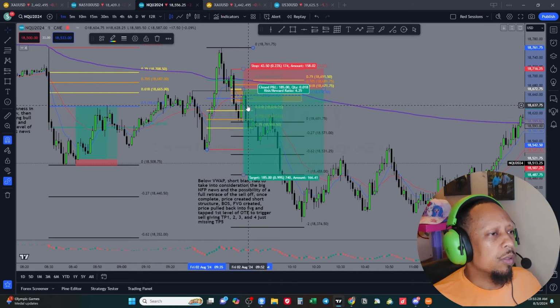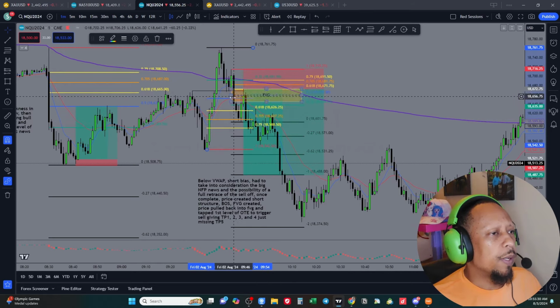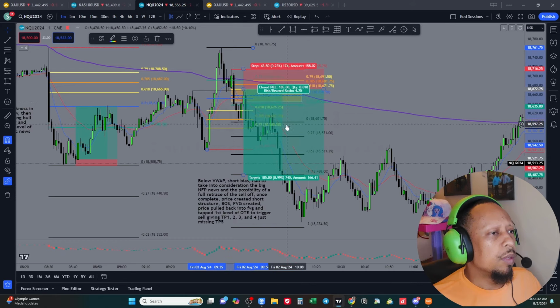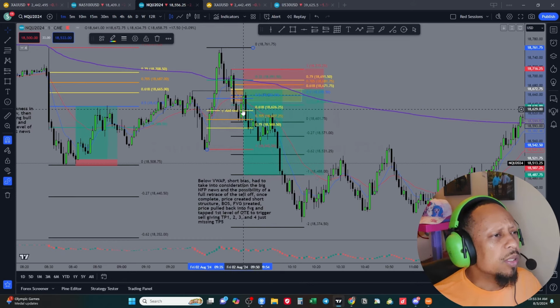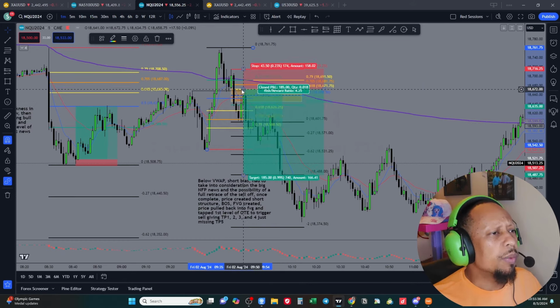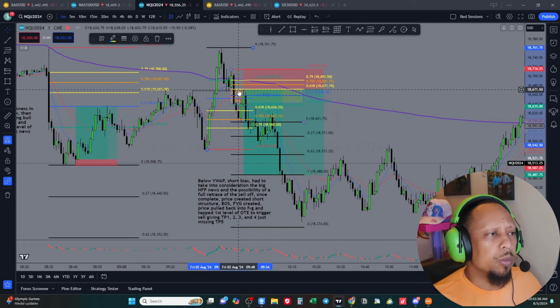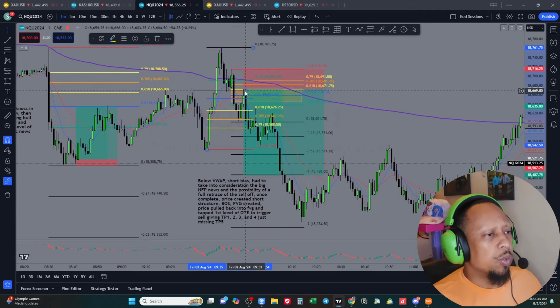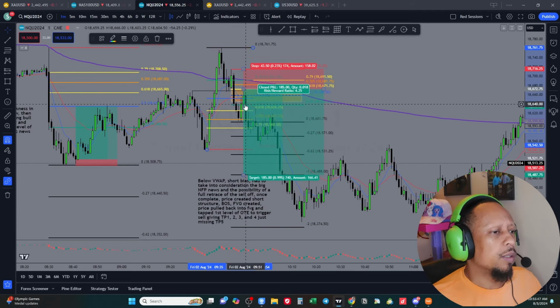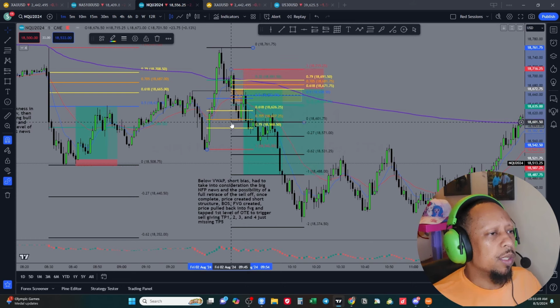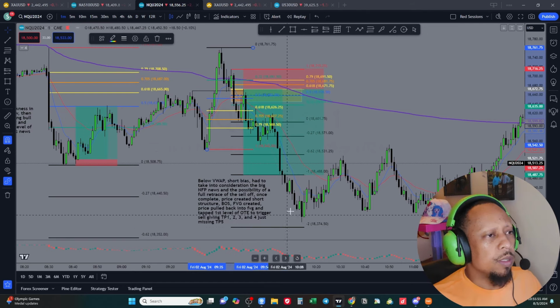Price returned into not only a fair value gap, but it also reached up and tapped the first level of the OTE. So this one would have just triggered you in, just barely. And this one made for a very nice sell with a TP1, TP2, 3, 4, and almost 5.